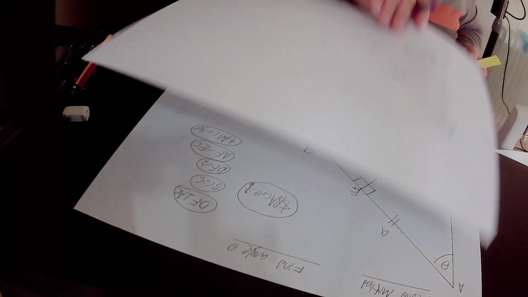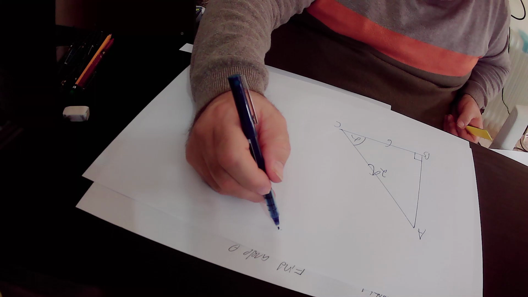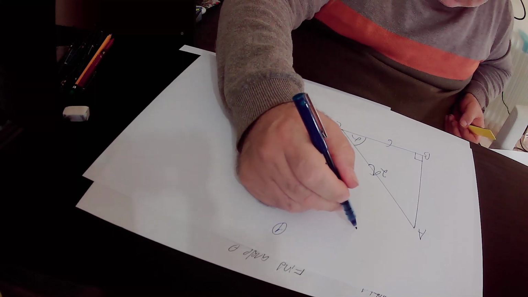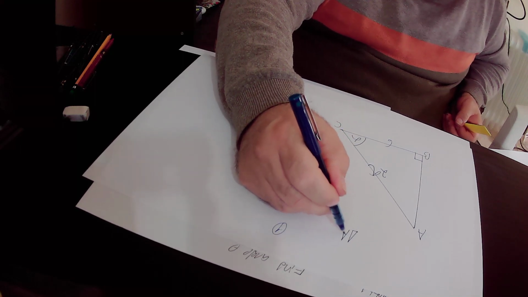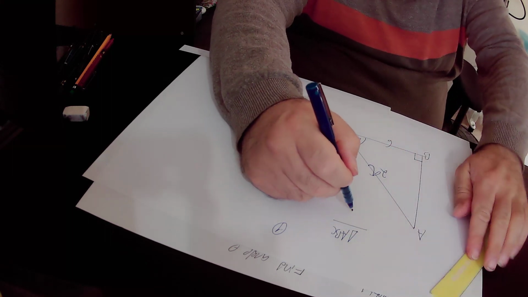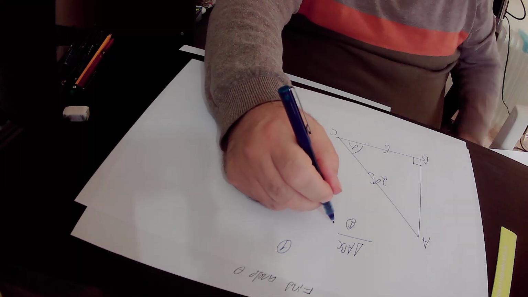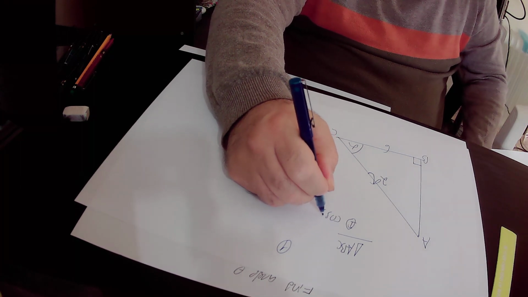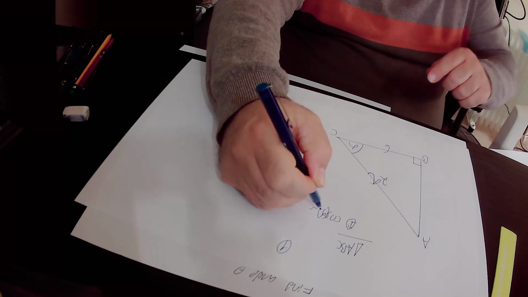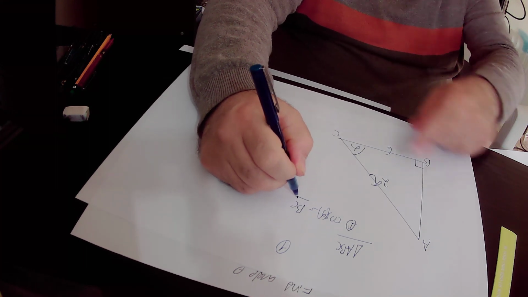So this is the right triangle ABC that I copied from the original drawing. In the right triangle ABC, cosine alpha equals BC over AC.